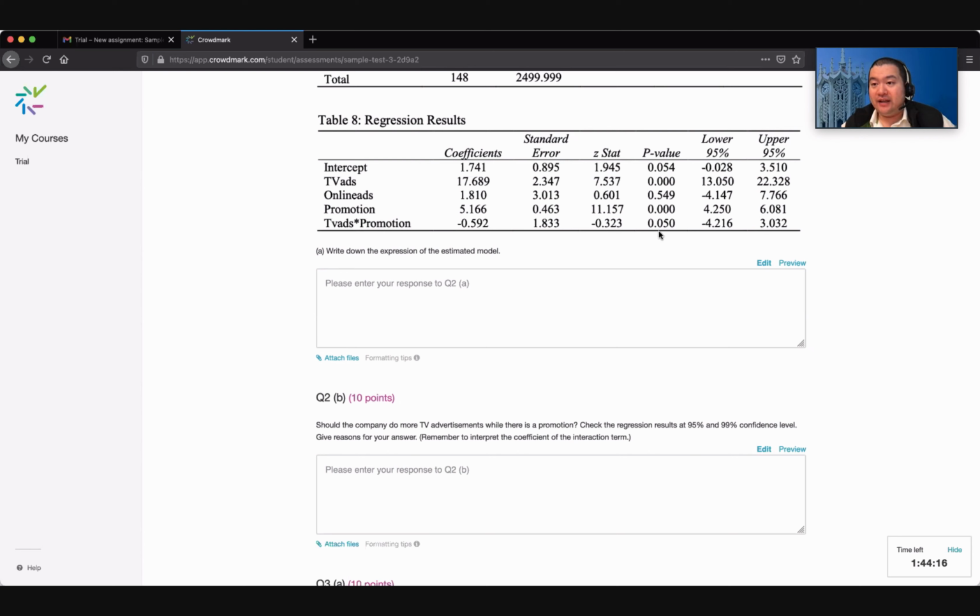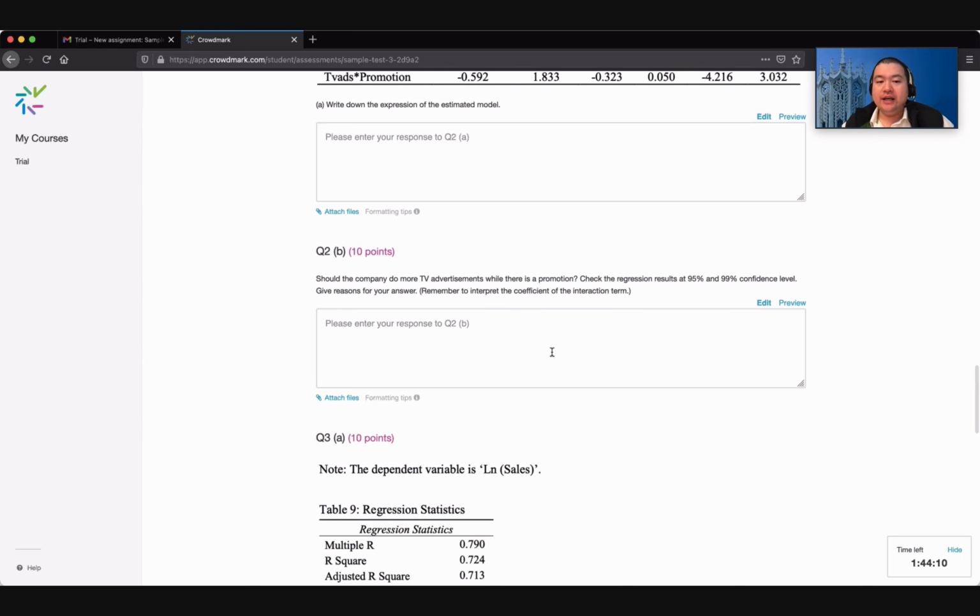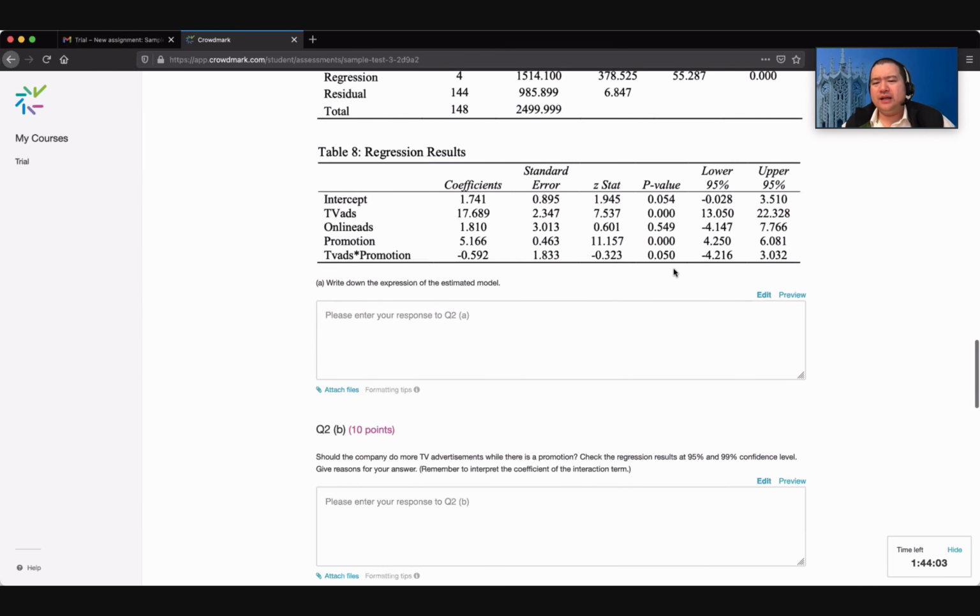Is it significant? Yes, it is significant at 90%, right? But check your confidence level, 95 and 99, right? So 0.05. Does it mean it is significant at 95% when the p-value is 0.05?